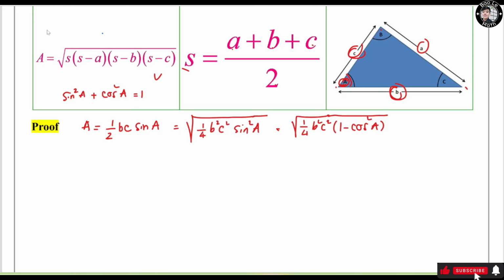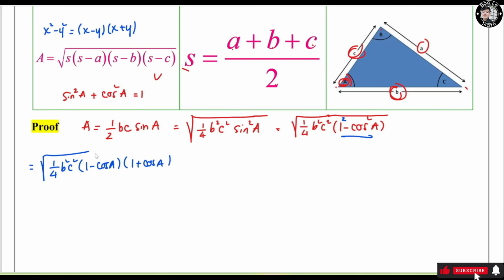Now I'm going to use the difference of two squares formula, which is x squared minus y squared equals (x minus y) times (x plus y), to apply to this part. So 1 can be written as 1 squared. This turns out to be the square root of 1/4 b squared c squared times (1 minus cosine of angle A) times (1 plus cosine of angle A).